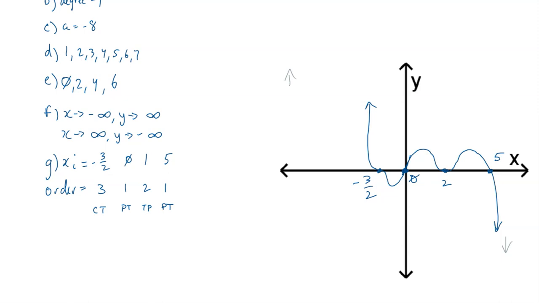I started up here because that's what we were supposed to do. But then I just did the cubic twist, the pass-through, the turning point, another pass-through, and I ended up down here. It has to match. And that's it.